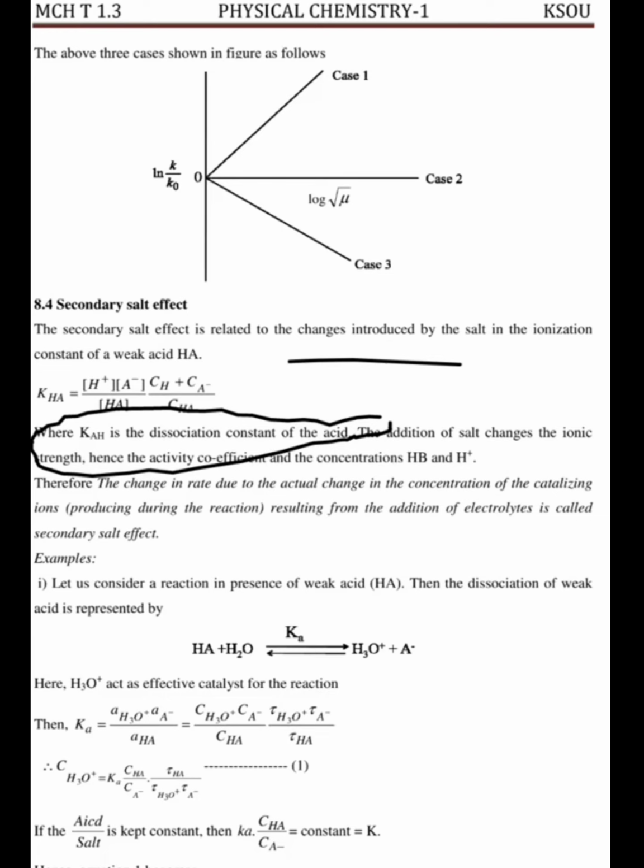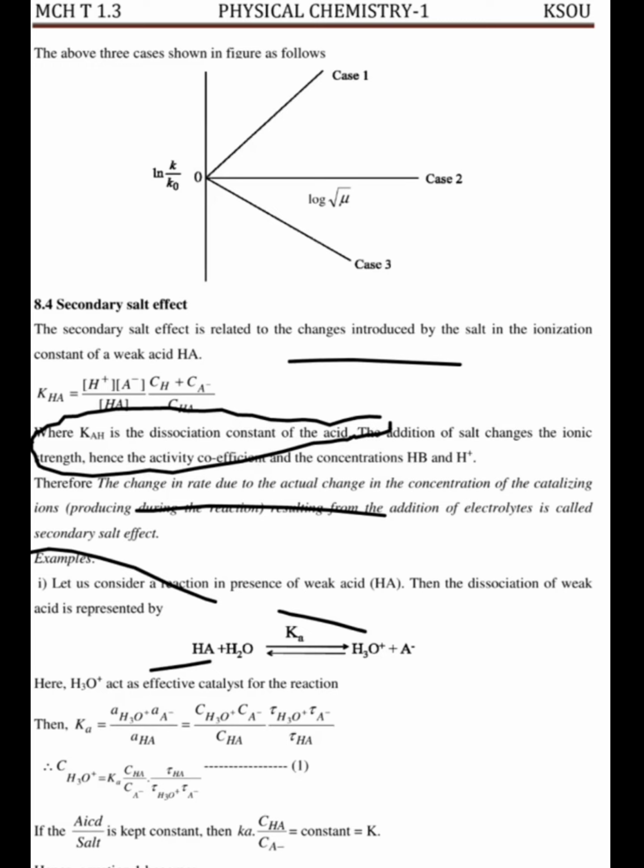The change in rate that varies due to the concentration of ions, resulting from the addition of electrolyte, is called the secondary salt effect. For example, here we have taken a weak acid. HA represents the acid, which dissociates in the presence of water.